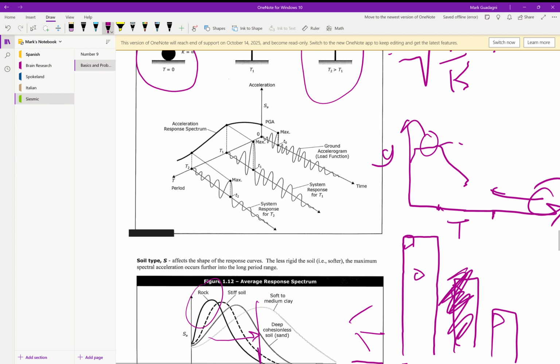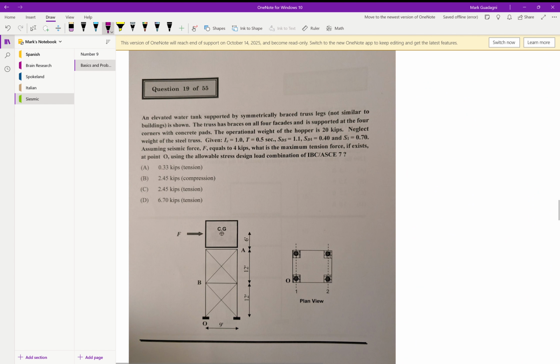So, all right, let's not get too carried away with that, and just do a quick, simple problem here. So this is an elevated water tank on an elevated truss, and the first thing we're going to do is read all the problem.